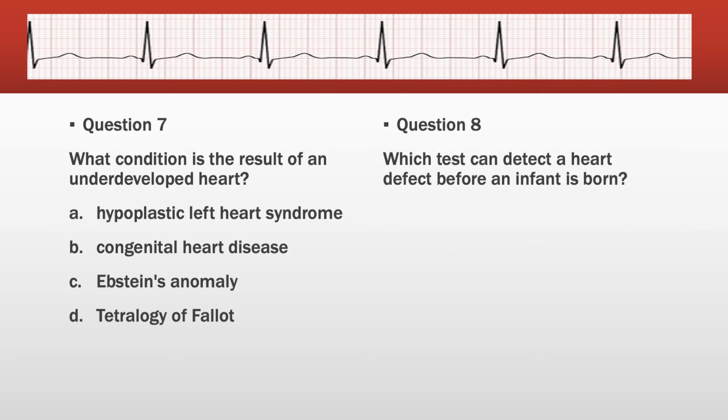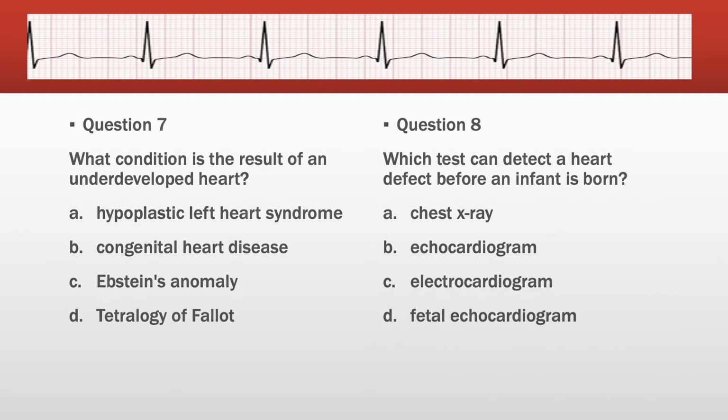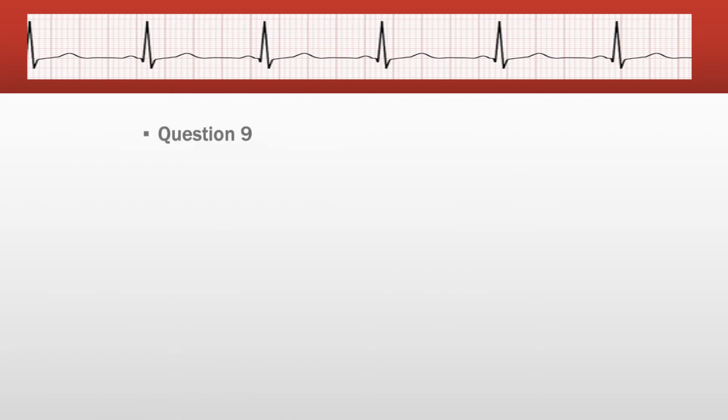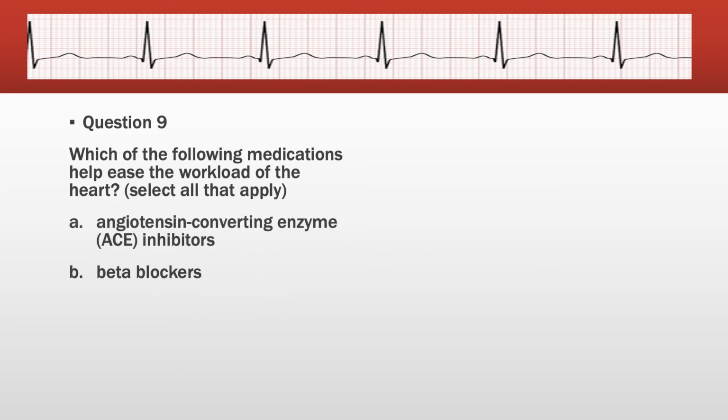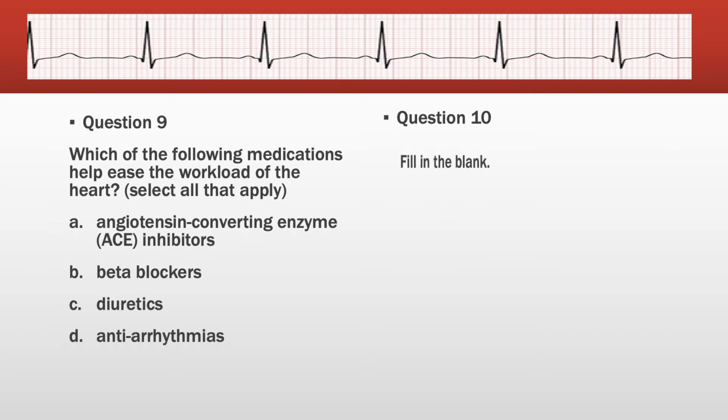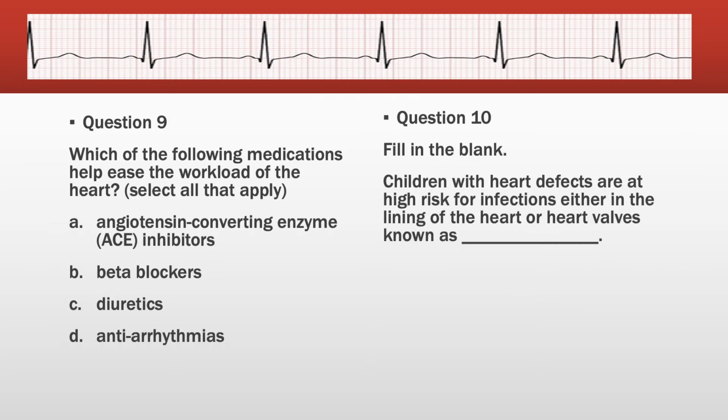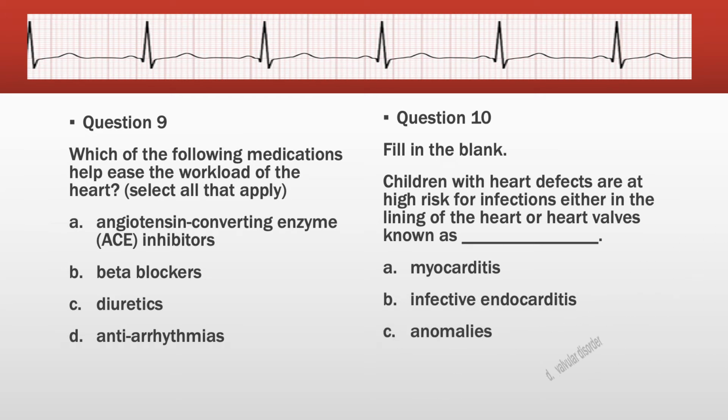Which test can detect a heart defect before an infant is born? Question 9. Which of the following medications help ease the workload of the heart? Question 10. Fill in the blank. Children with heart defects are at a higher risk for infections, either in the lining of the heart or the heart valves, known as blank.